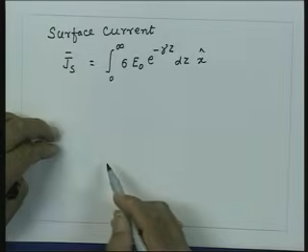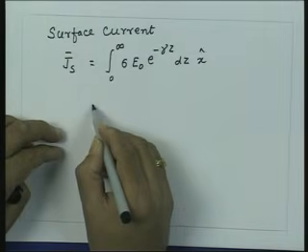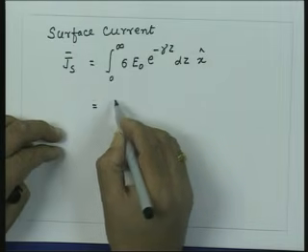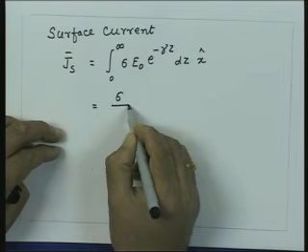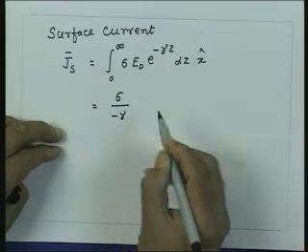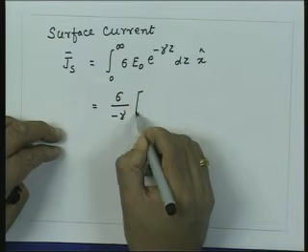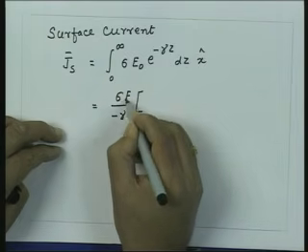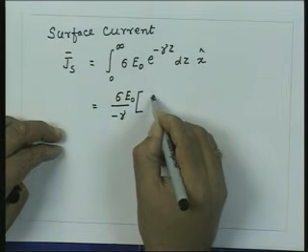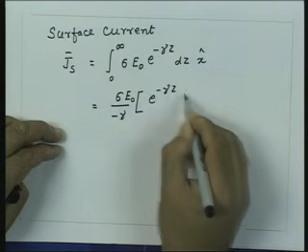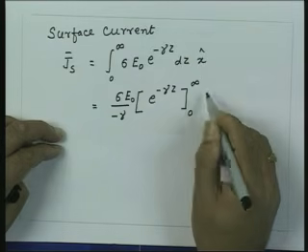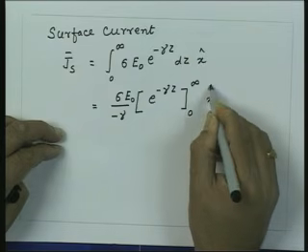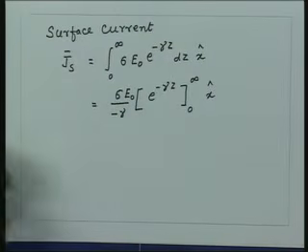This integral is very simple. So, essentially this is equal to sigma upon minus gamma E0 e to the power minus gamma z from 0 to infinity, into x direction.